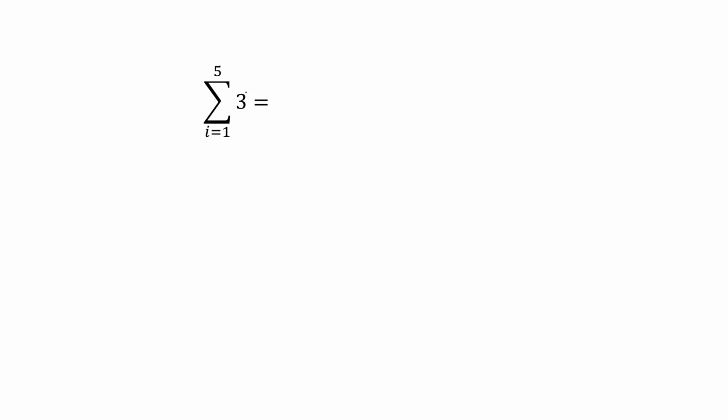So if you start at i equals 1, you're still going to go through all these increments of i, but every single time the thing is just going to be 3. You start at i equals 1, because that's what it tells you to do. What does this equal when i equals 1? Well, it equals 3. It doesn't change at all.